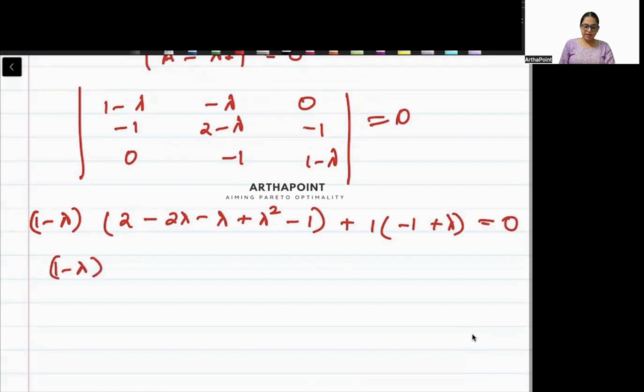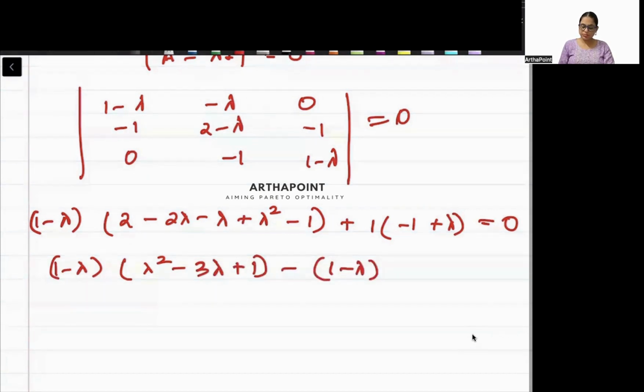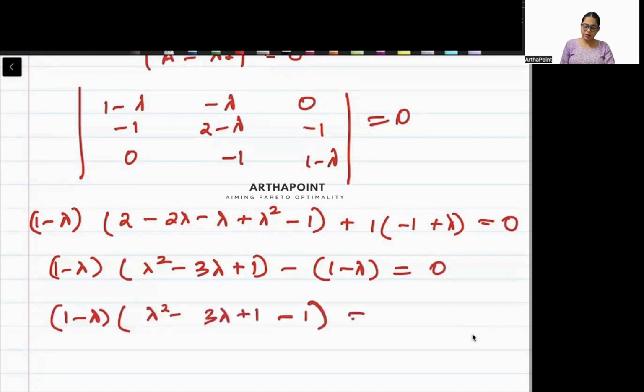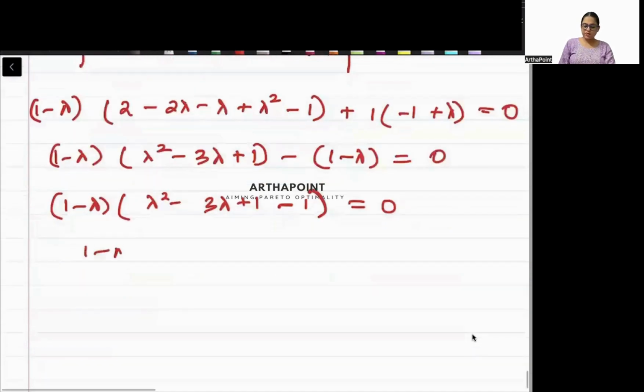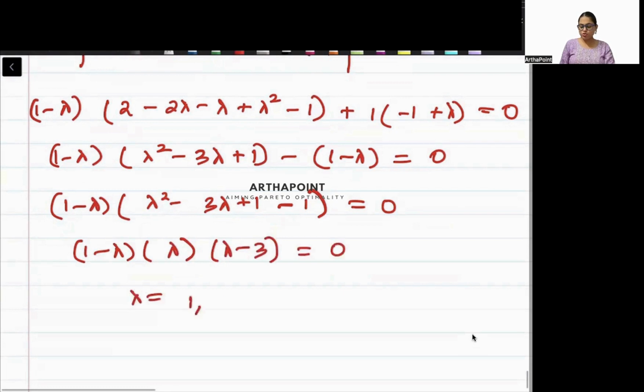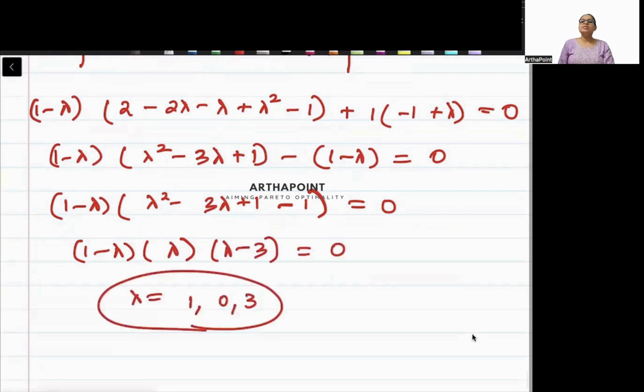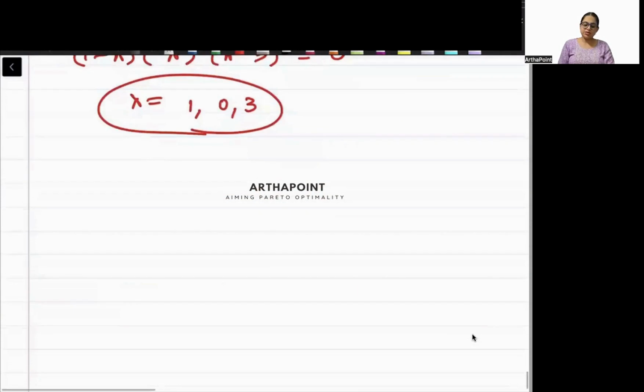So you will get 1 minus lambda into lambda square minus 3 lambda plus 1 minus 1 minus lambda equal to 0. You can take 1 minus lambda common. This will give you lambda square minus 3 lambda plus 1 minus 1 equal to 0. So 1 minus lambda into lambda into lambda minus 3 equal to 0. So lambda will have three values, 1, 0, and 3. These are the three eigenvalues of this matrix.